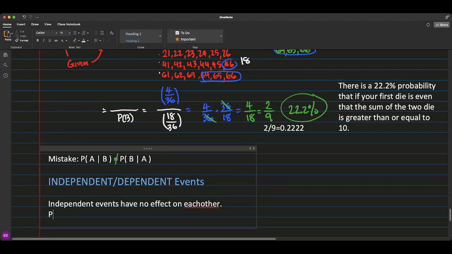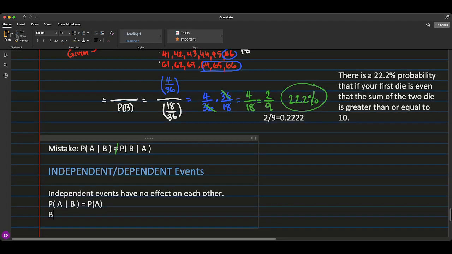So let's look at the probability of A given B. We're saying, look, B has happened. If B has no effect on A, then this will be the same thing as the probability of A. What we're saying is that if B happens, then it has not changed the probability that A happens.